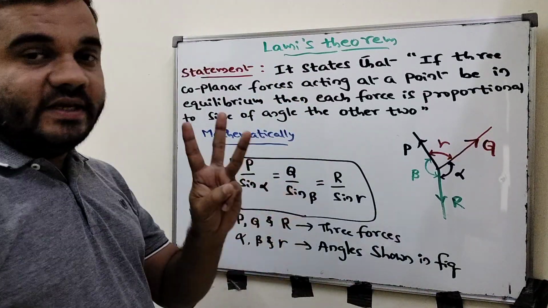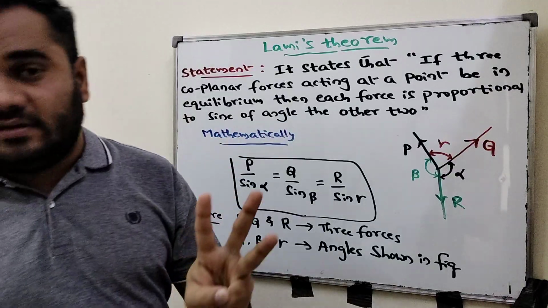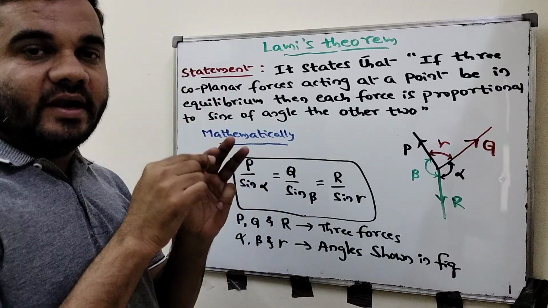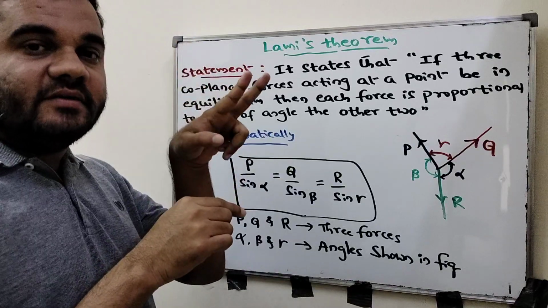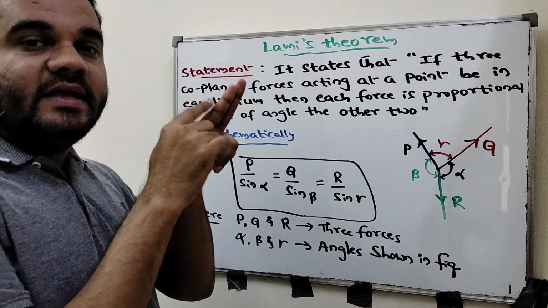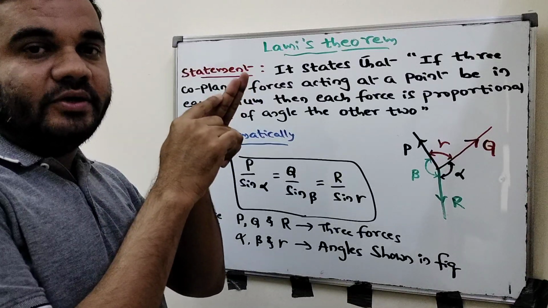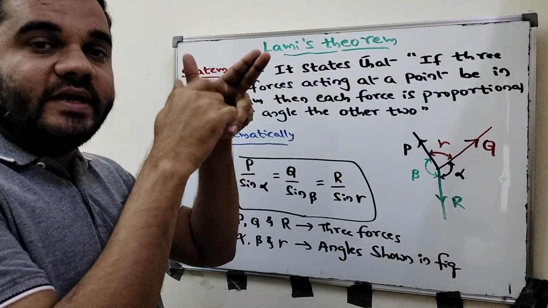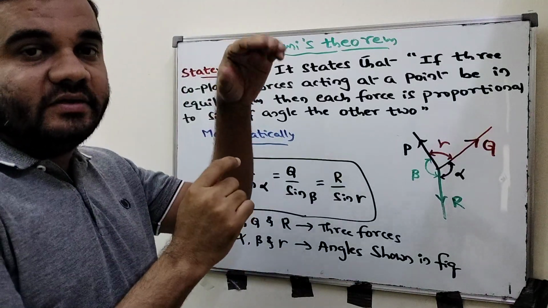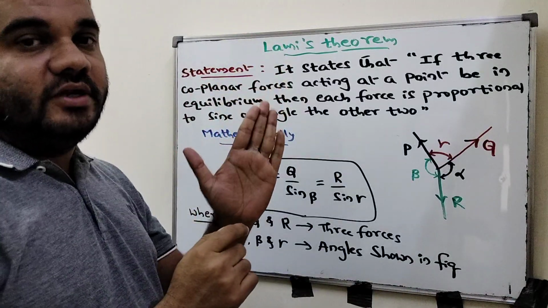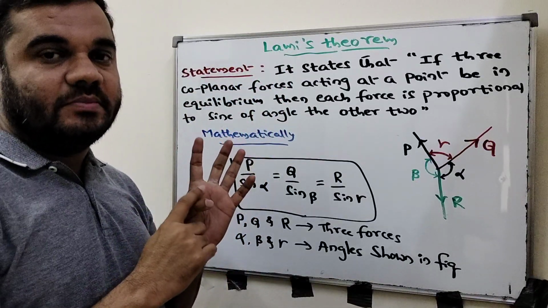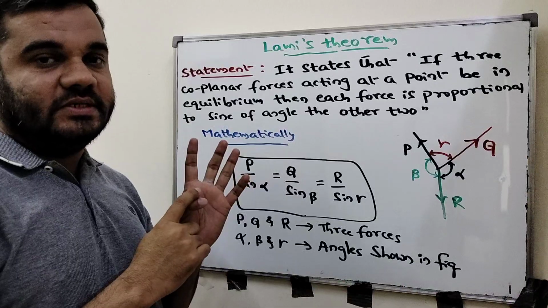In the three-force equilibrium principle, if three forces are acting at a point, then the resultant of two of the forces is equal in magnitude to the third force, opposite in direction, and collinear.